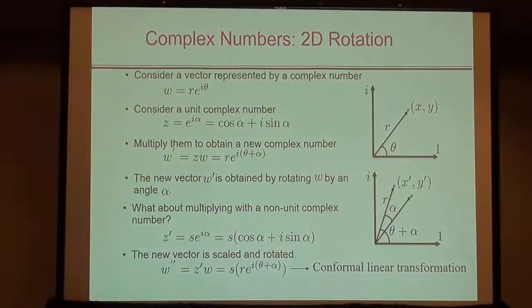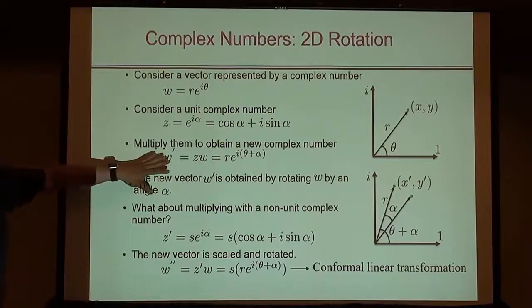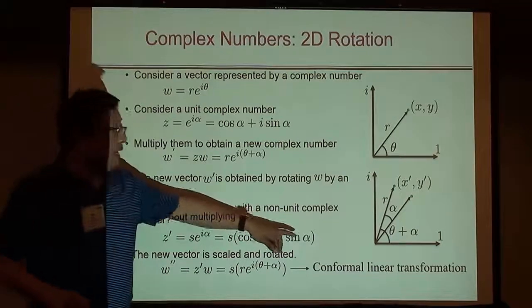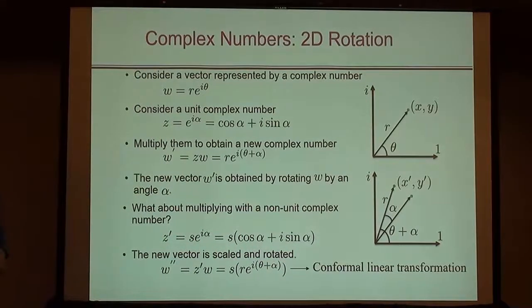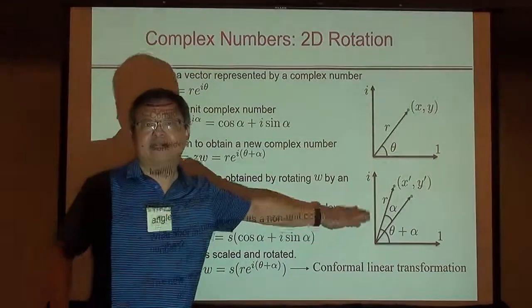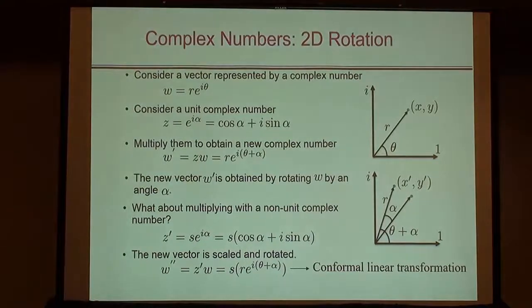You have a new vector such that the length is the product of the magnitudes of each one, and the angles get added. The most useful key thing is that if one of them is a complex number whose length is equal to 1, then the effect is just to change the angle. And that gives rise to the idea of a rotation operator.